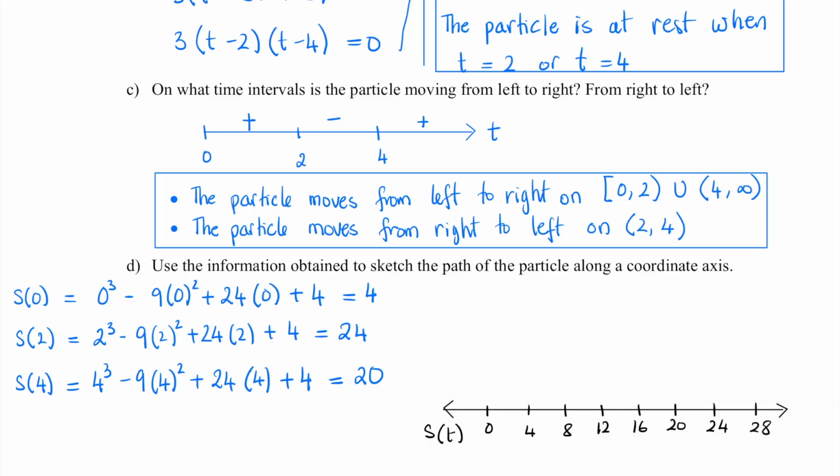Now, mark the important positions at 4, 24, and 20. The position is 4 when t equals 0. The position is 24 when t equals 2. And the position equals 20 when t equals 4.